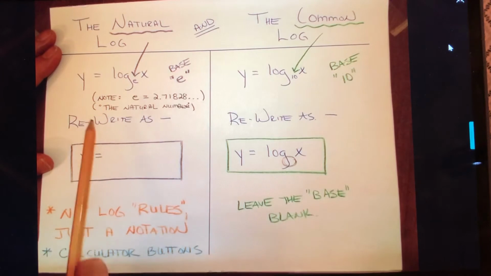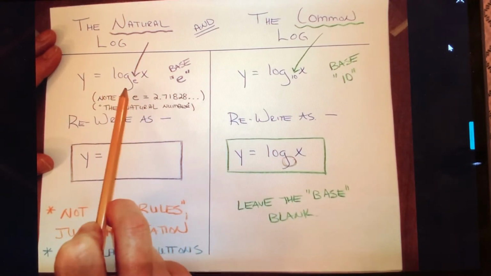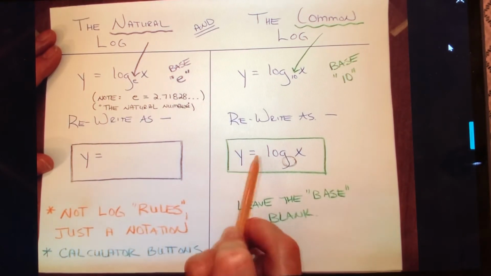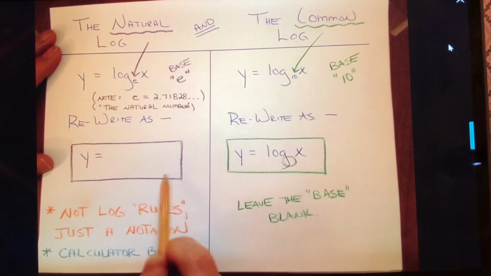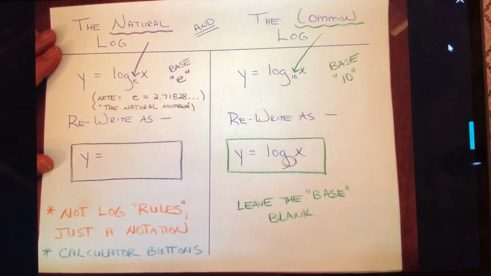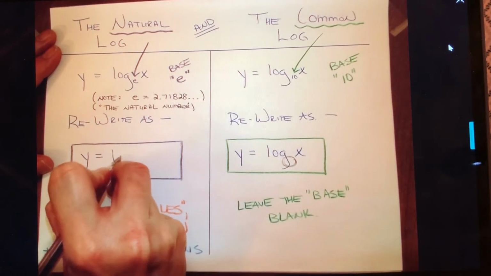The second one, the natural log, again, it shows up a lot. You're going to see this guy in word problems later. We couldn't use the trick to just not write the base. We'd already used that trick for the common log. So what we do for this one instead of writing log, we actually write ln.